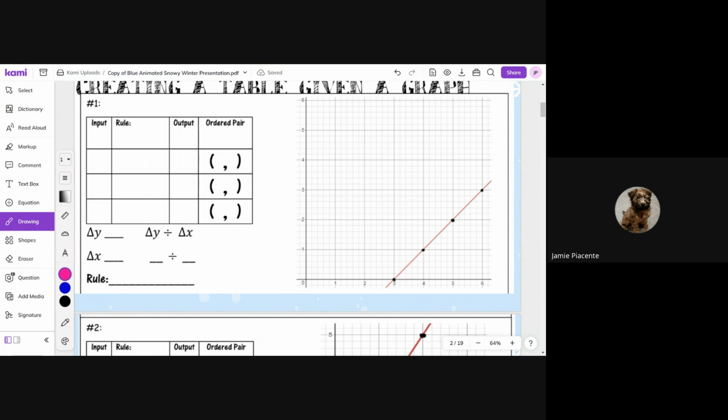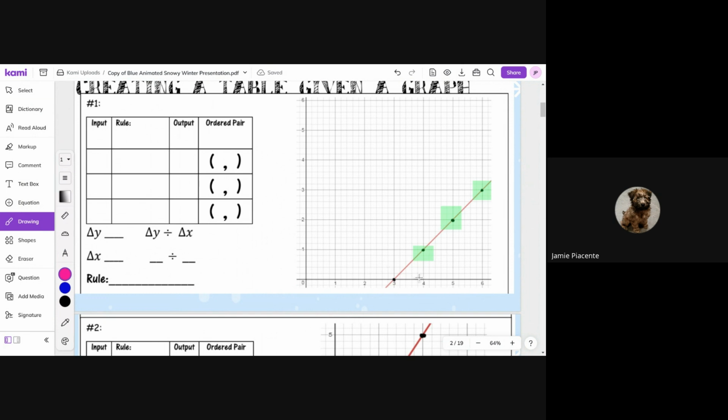So let's, for this, say we're going to use, let me get the highlighter, this point and this point. To start, we're going to write these coordinates in here in order. So we're going to start at this point. The way we name the points is how far we go over and up.